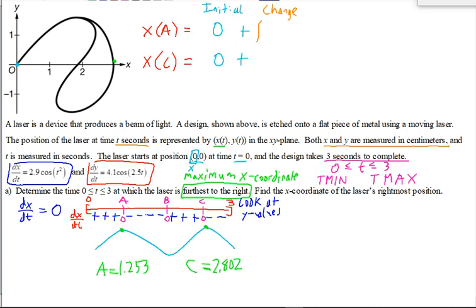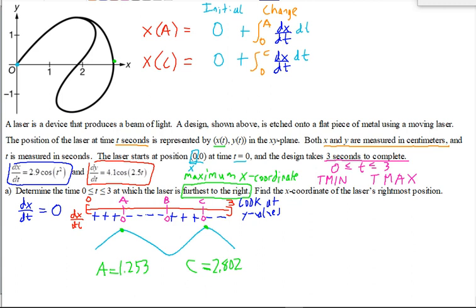This one will be the integral from 0 to A, this one 0 to C, and the change is always the integral of the derivative, which in this case is dx dt. You can write the 2.9 cosine, or you can just write it dx dt either way. And then times dt. T is our variable for those. And this is how you can kind of see it's going to give you the change in x.